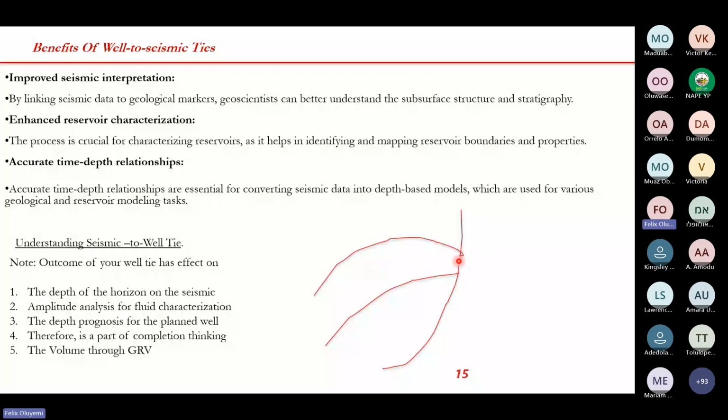If I'm supposed to map this one, maybe I should be expecting a volume of about 30 million barrels. But my seismic-to-well tie pushes me to map this one, then that volume will give me 20 million barrels. Then every decision, every FID decision, every completion, even the number of wells to drill will be based on my volume.